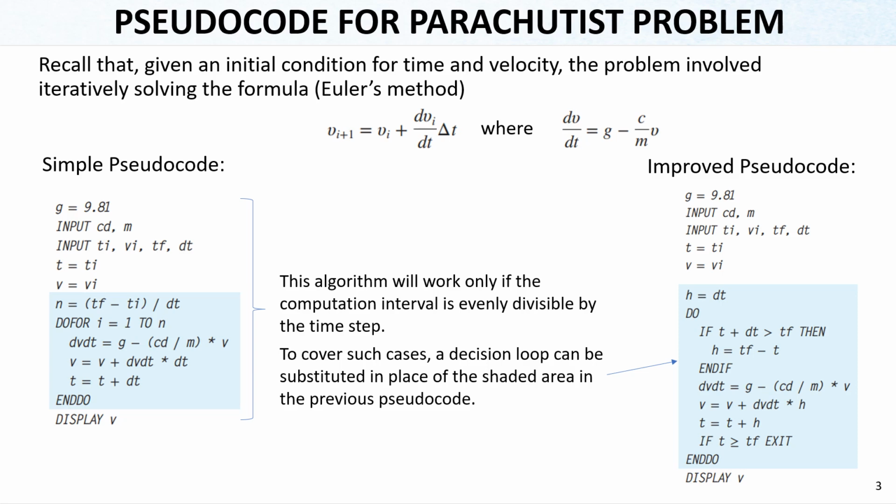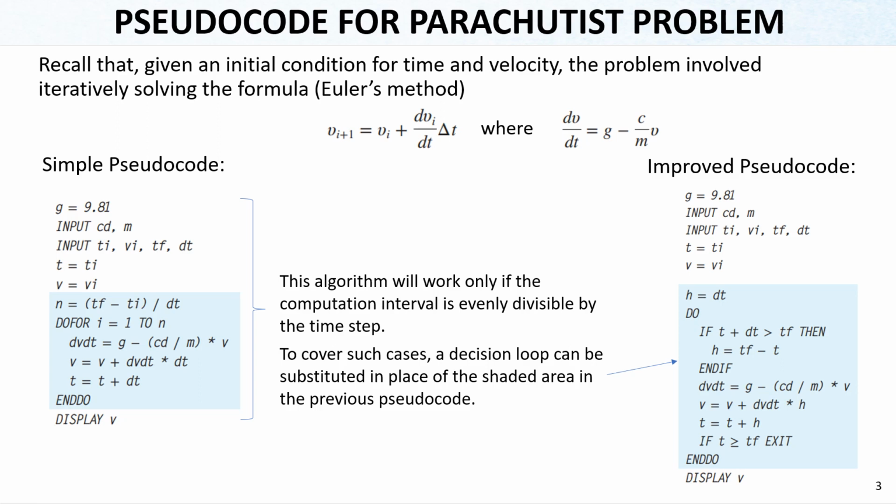Then we will calculate the next v, as you can see here, by using this formulation, v plus dv dt times dt. And we need to also calculate the next time, which is the first time plus dt, the increase of time. And this finishes, and if i is not n, the calculation continues, and if i is n, then it stops and it shows all v values as display v.